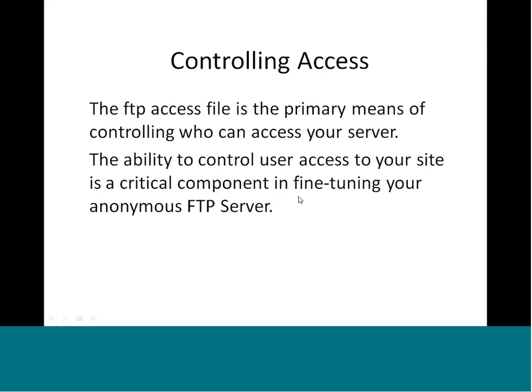The anonymous FTP server, we talked about it in the previous section, is the FTP server where you can log in as an anonymous person and do the transfer that way. So now let's look at some more details regarding how we do this FTP access.